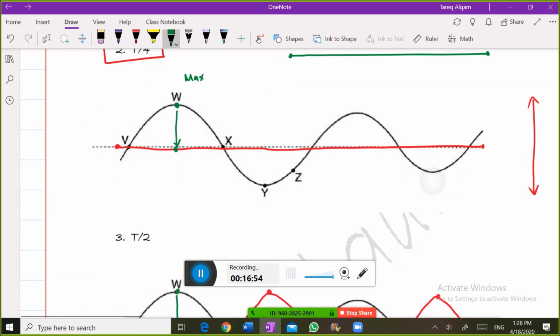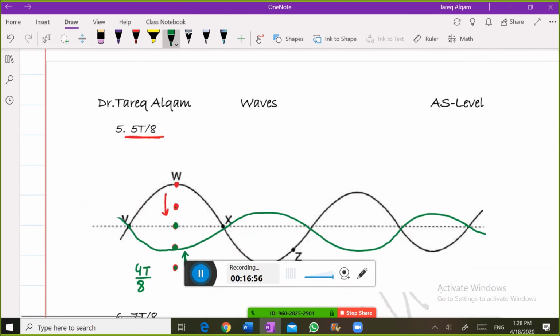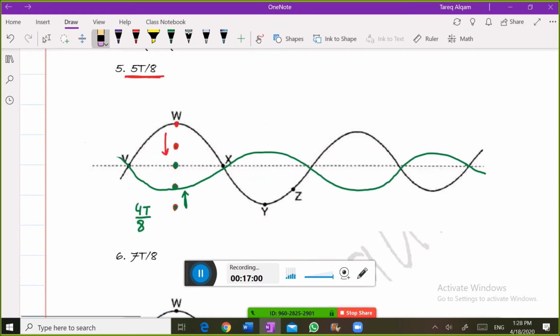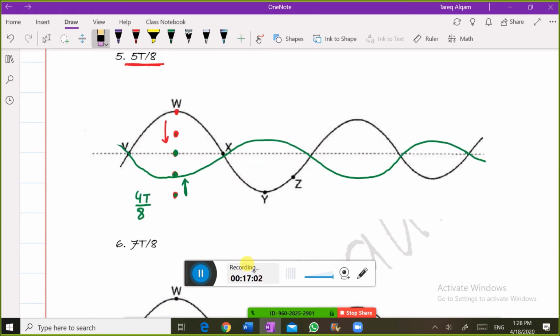Okay, guys, if I want to find 5T over 8 again, here, this is the 0, the initial point.